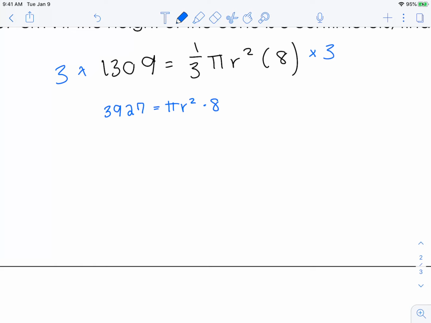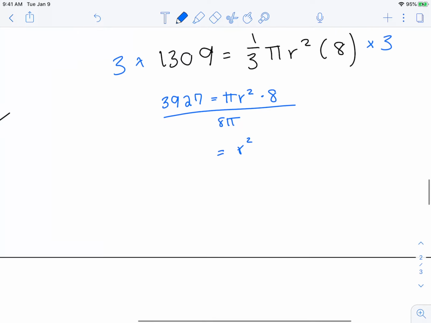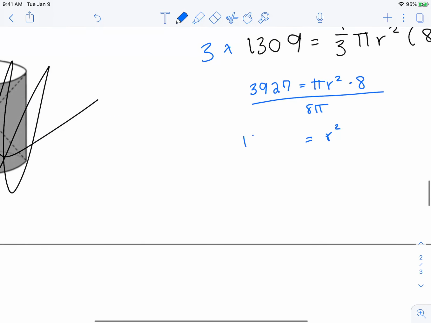Then I can divide each side by 8 pi. So I get r squared is equal to 156.25, square root, so it's about 12.5 centimeters.